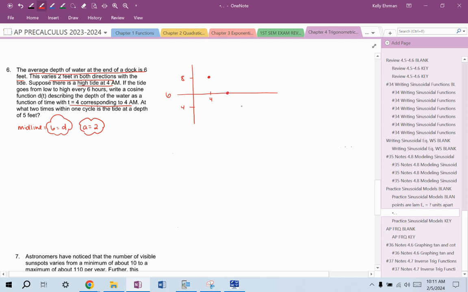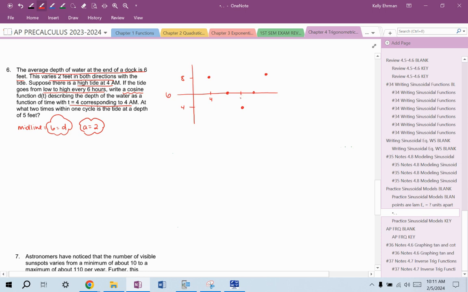And then I'm just going to do the rest of the graph here. If the tide goes from low to high every 6 hours, it says a cosine function. Write a cosine function describing the depth. So low to high is not the entire period, right? Low to high is 6, and that means high to low would also be 6.